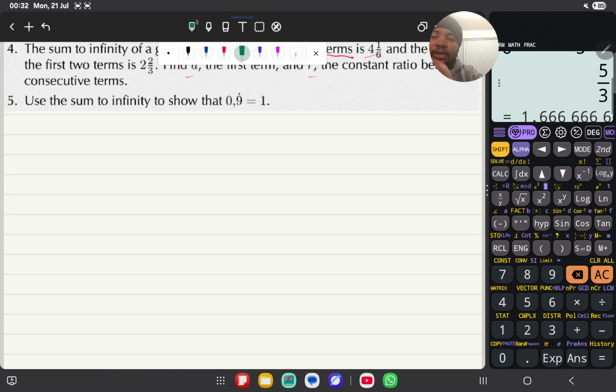Here's an interesting one. So use the sum to infinity to show that 0.9 recurring equals to 1. Right. So remember, 0.9 with a dot is 0.9999.